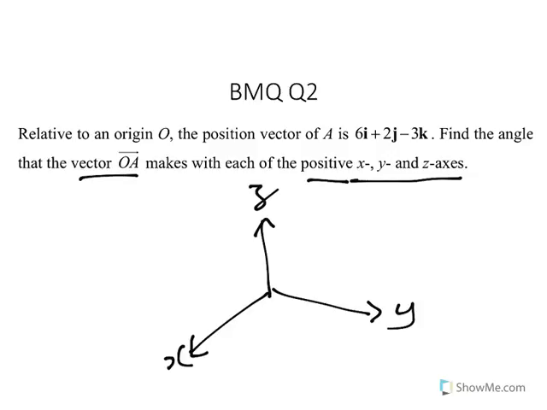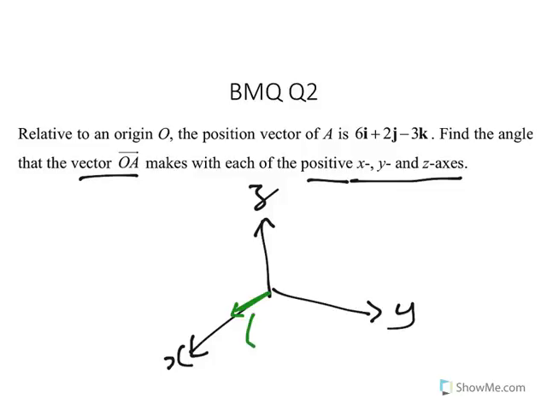What we need to deduce is that along the x-axis we can use a vector that lies on the x-axis. This will help us find the angle between OA and the x, y, z axes.